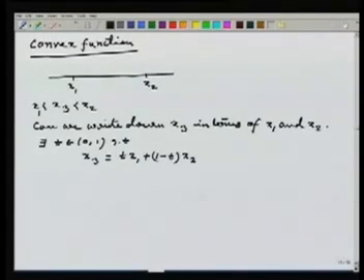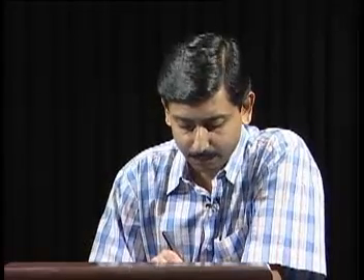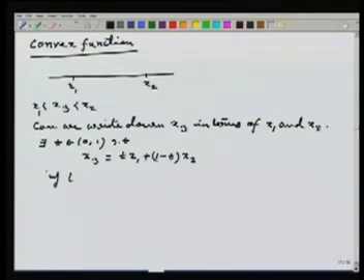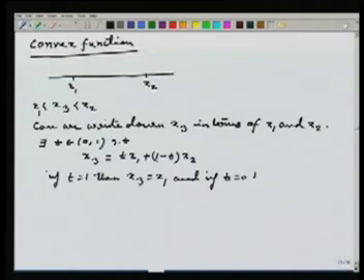Well, if x3 turns out to be equal to x1, then you just take t equal to 1. So if t equals 1, then x3 equals x1, and if t equals 0, then x3 equals x2.